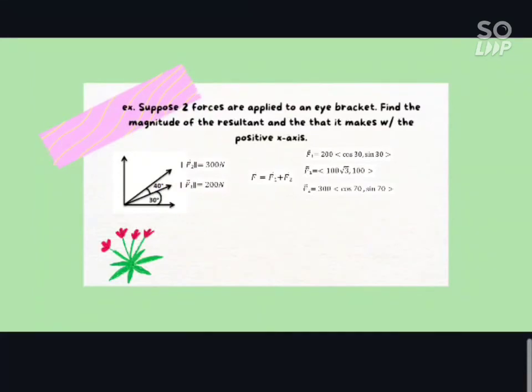Then our resultant force happens when we add our two forces together. So right now we're going to add these two together to get the resultant. This will be 100 root 3 plus 300 cosine 70, comma, 100 plus 300 sine 70.